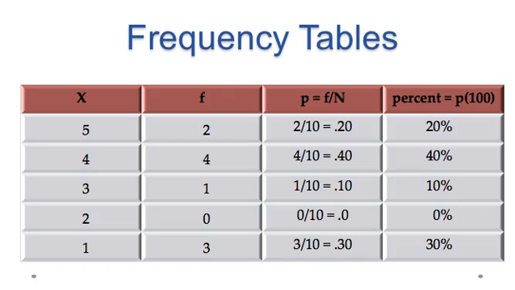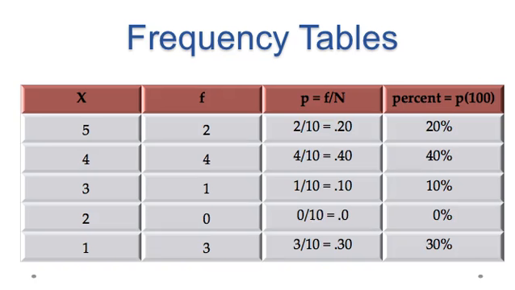Frequency tables are used to organize data into what we call a frequency distribution. A frequency distribution lists each category of data and the number of occurrences or frequency for each category of data. They list all possible values for a variable along with the number of observations for each value.